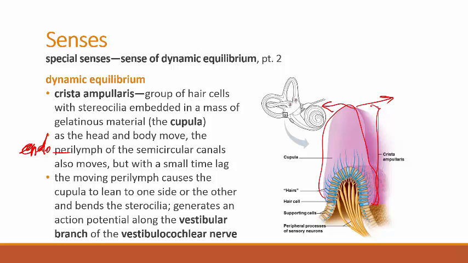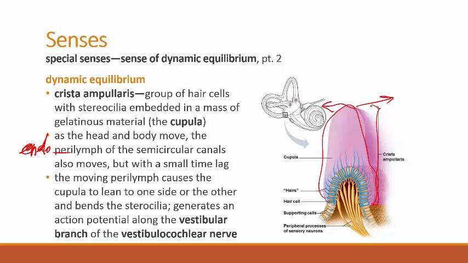It's the same idea. As the body moves forward, the fluid is a little bit slow to react, and it presses, the fluid does, against the cupola of the crista ampullaris, and it causes deflection then of the hairs of the hair cells.